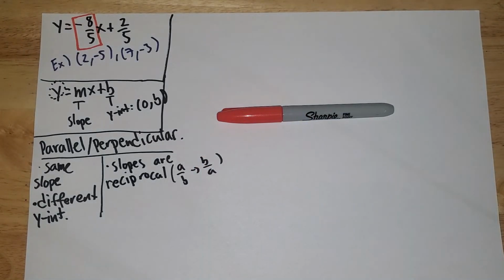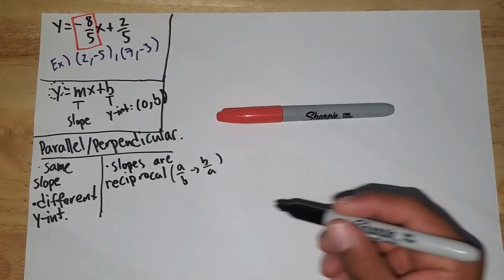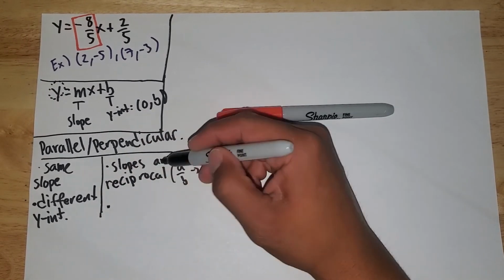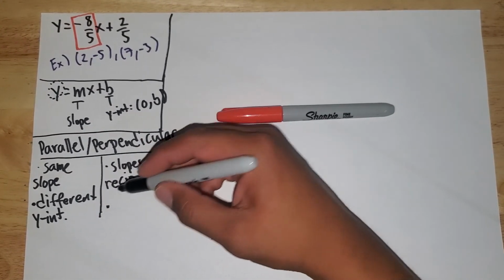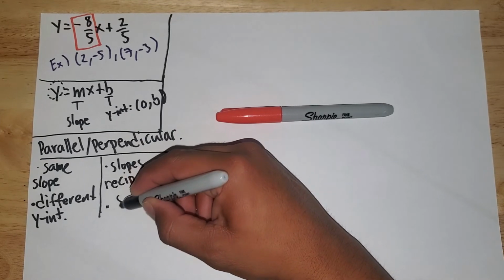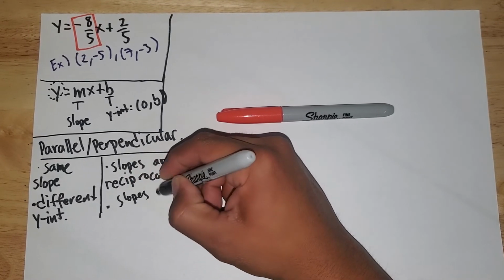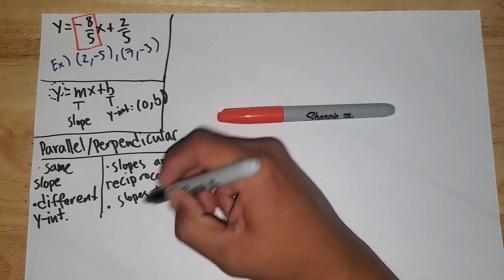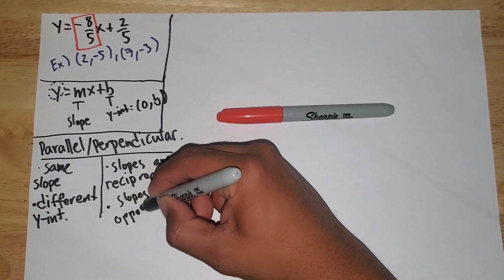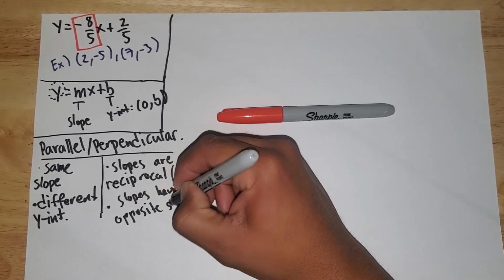That's what reciprocal means. And not only will the slopes be reciprocal, they also have opposite signs.